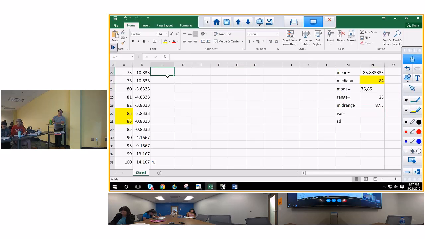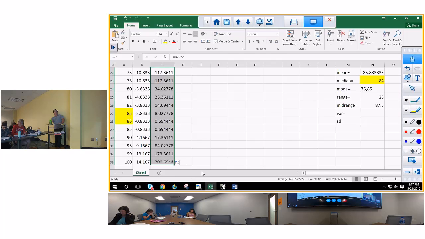Now, what are we going to do with each one of those? What does the formula say we're going to do with X minus X bar? Raise it to the what power? Second power. And what do we do with all of those numbers?